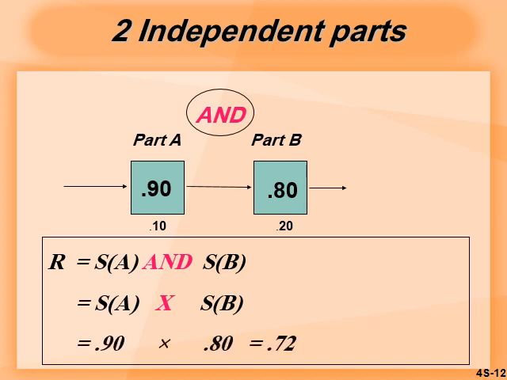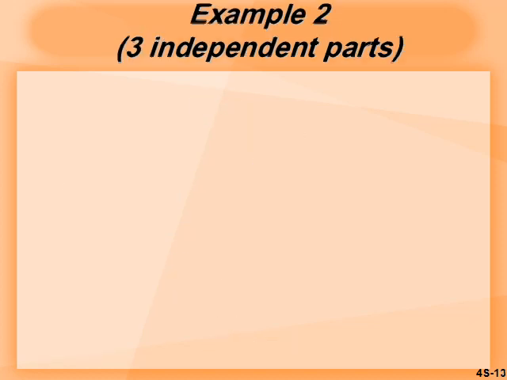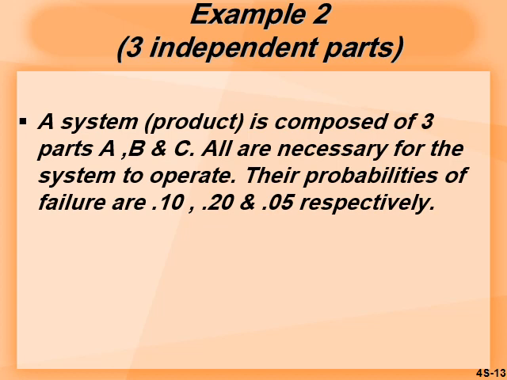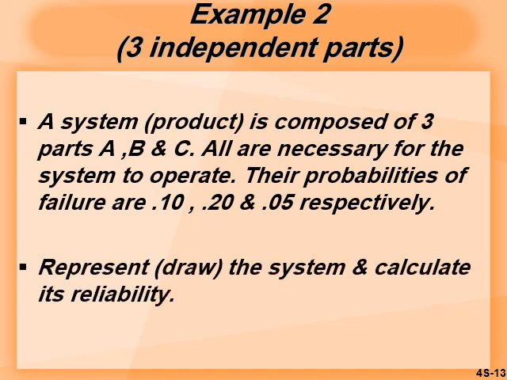So reliability equals success of A times success of B. As a general rule, the relationship "and" between parts is translated into times, or multiplication.